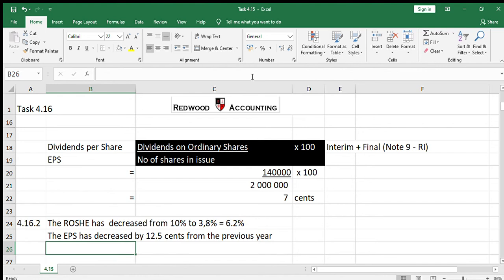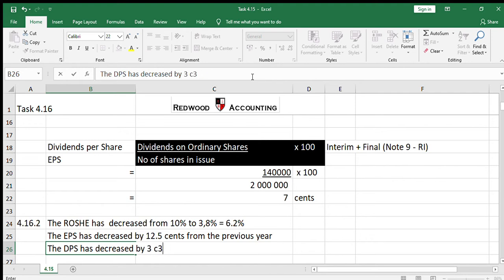And the dividends per share has also decreased by 3 cents.